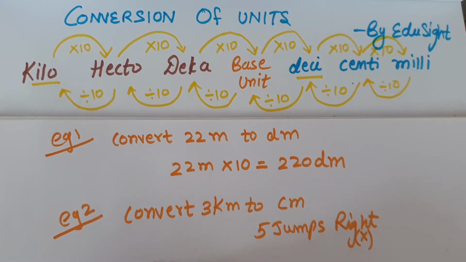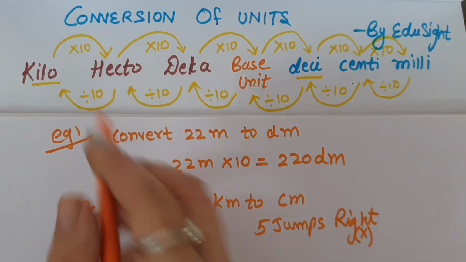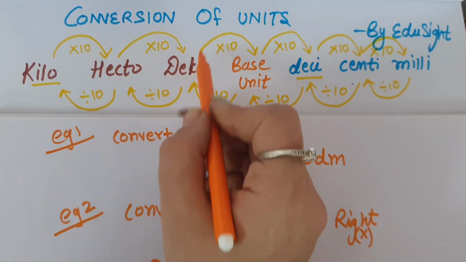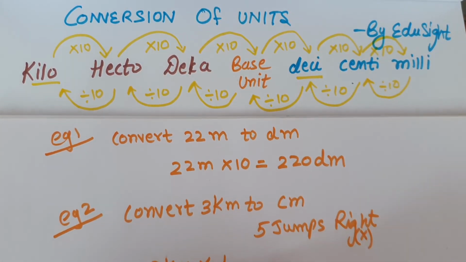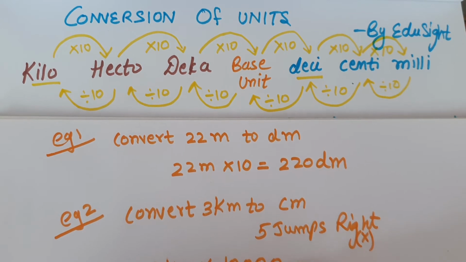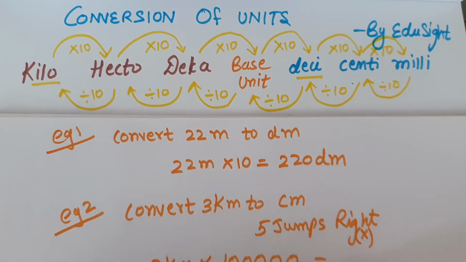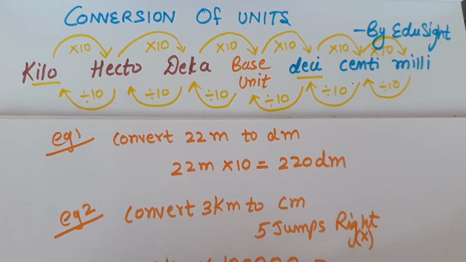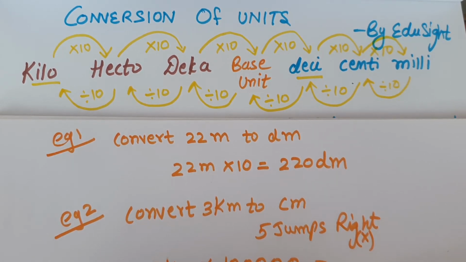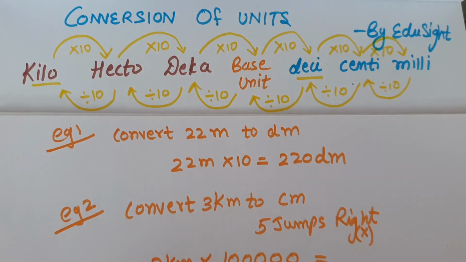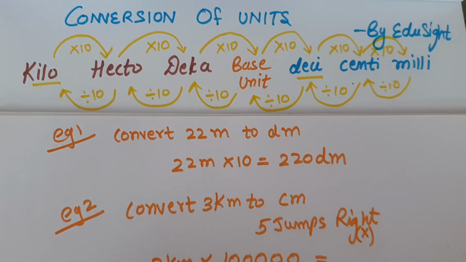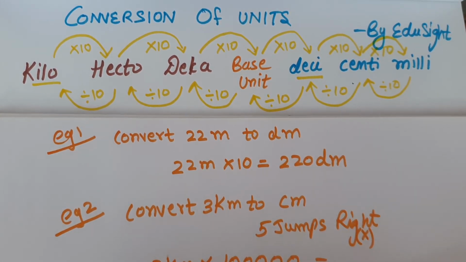So convert 3 kilometer into centimeter by multiplying by 10 how many times? 1, 2, 3, 4, 5. And the answer is 3 with 5 zeros, which is equal to 3 lakh. 3 lakh centimeters.